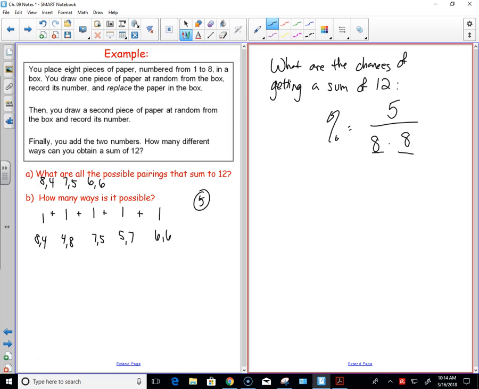You're going to end up with an 8 by 8 of all the different possible draws that you could have. But instead of actually listing out the 8, going with all the 8 and saying, hey, there's 64, you could just say, hey, there are 64 different possible draws that you could have. And that would be 5 out of 64, which, someone get me a percentage.